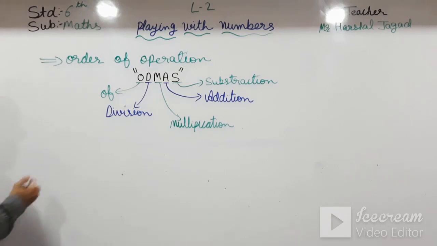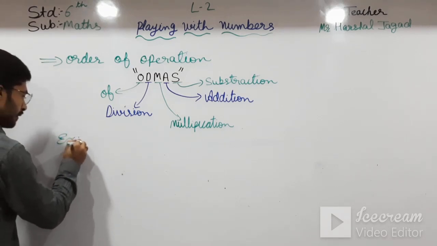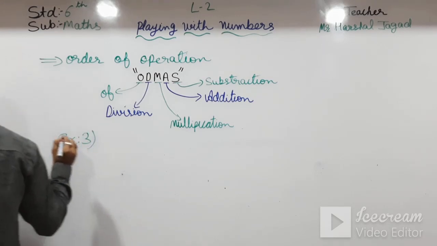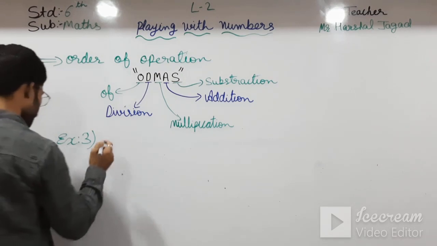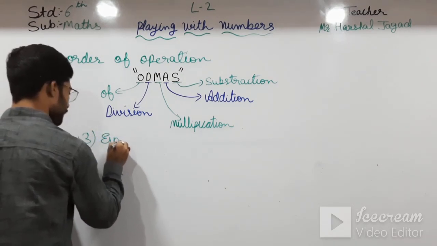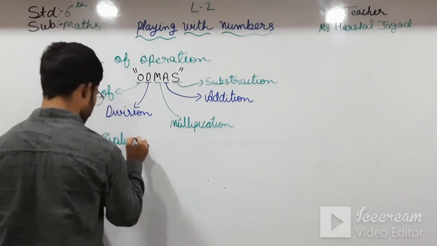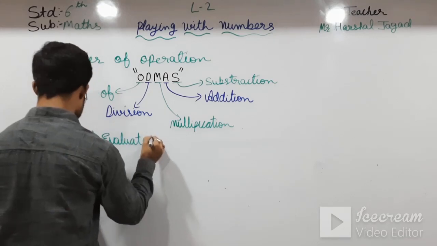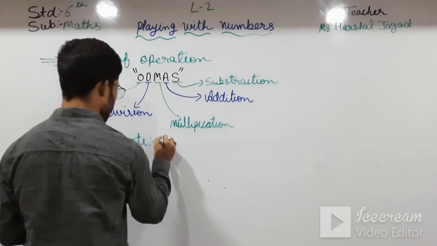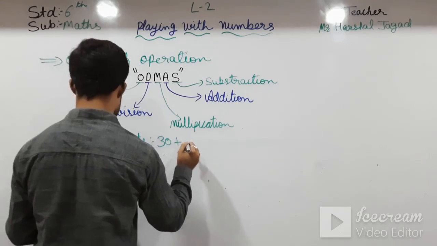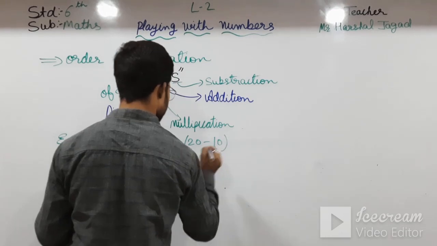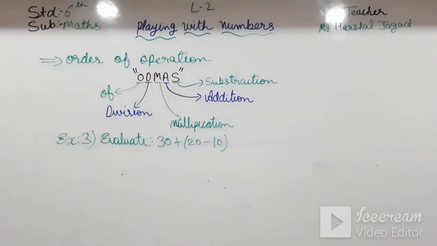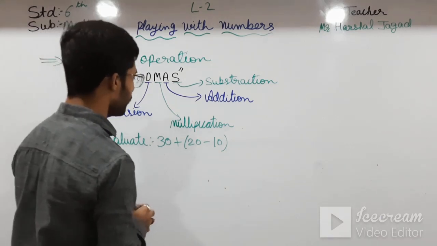I am writing here example number 3, that is evaluate 30 plus 20 minus 10. Okay students, 30 plus 20 minus 10 in bracket.